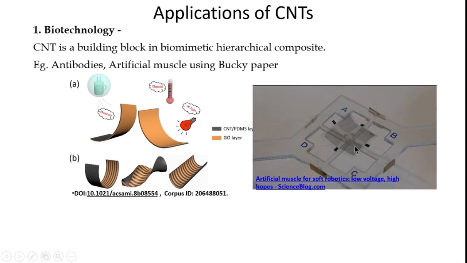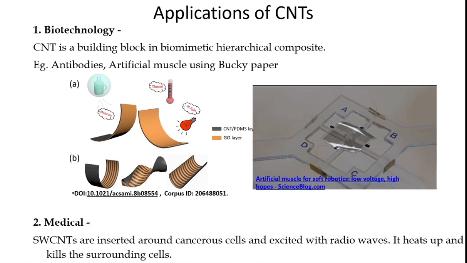If it is here, this side will bend like this. This way we can use this technology to develop robotic arms and artificial muscles in robotic machines.